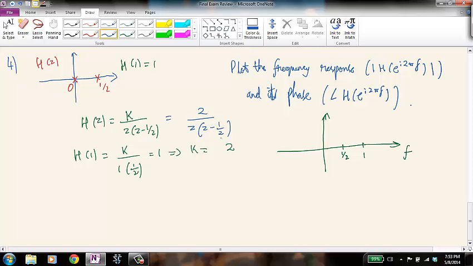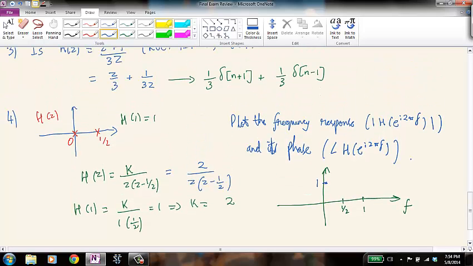You might be asked to make qualitative sketches like this because it conveys the behavior of the system, which frequencies are attenuated, which ones are amplified, and so on. So plugging in f equals 0, you get 1. The amplitude is 1. So it starts at this point, and actually, you can glean a lot of information just by looking at this diagram.